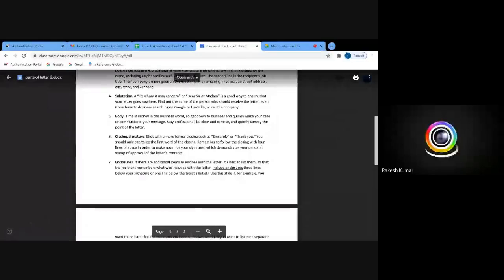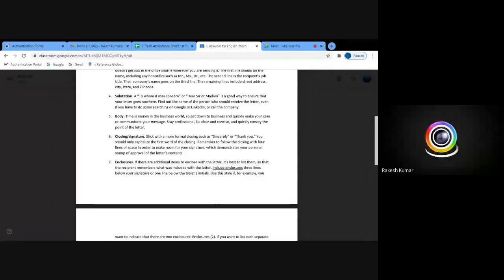People use stamps as well for the same thing, if they have a multiple number of letters. For example, if a company is sending that letter to multiple people, the sender could not sign every letter.